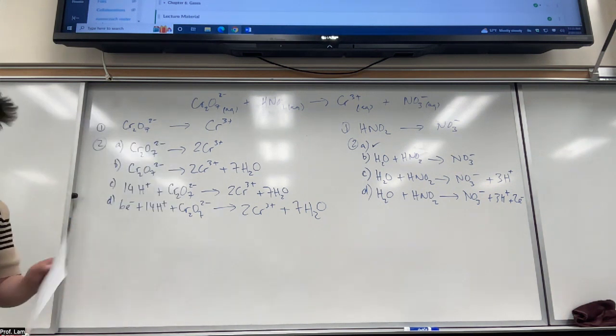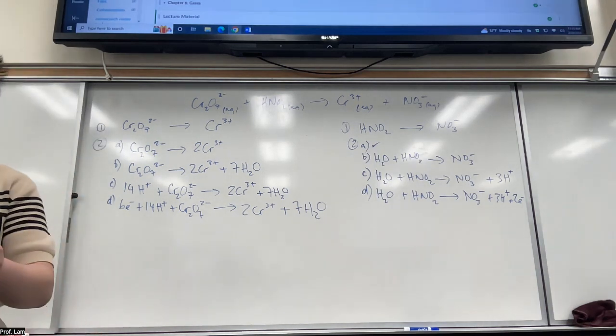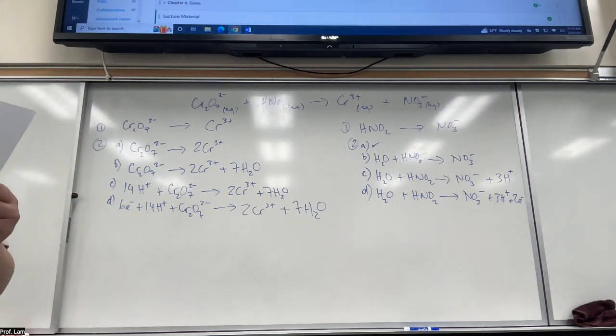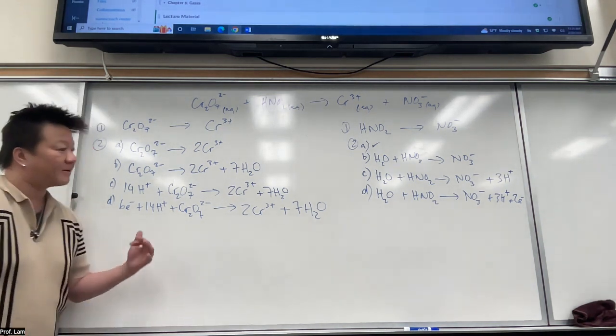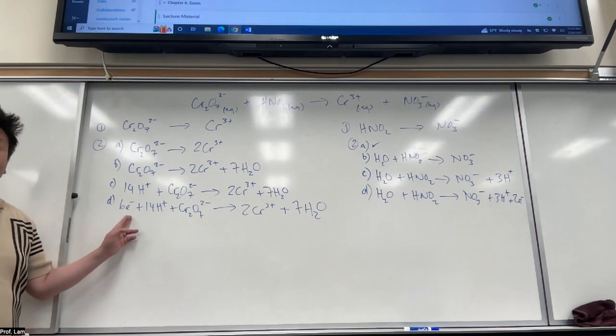Okay, step 3, what does it say? Multiply half reactions by an integer, if necessary, so that the number of electrons gained is equal to the number of electrons lost. Okay, so what is meant by that? On the left side, you have 6 electrons, right?